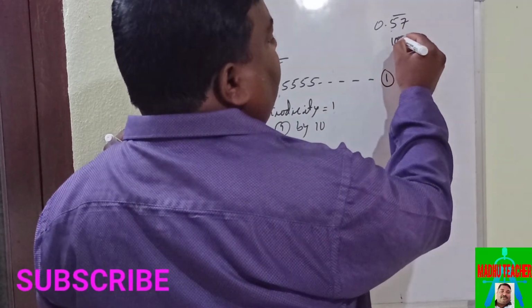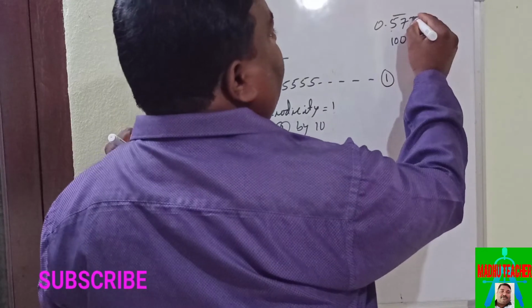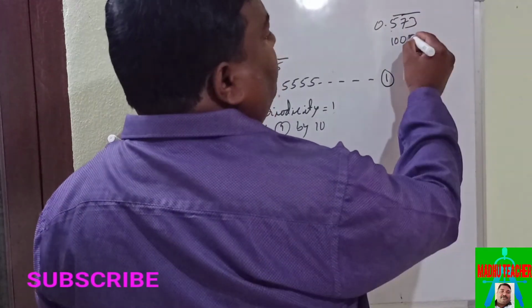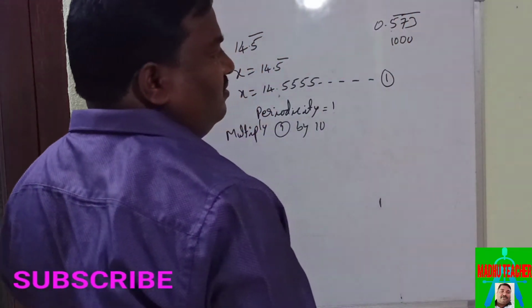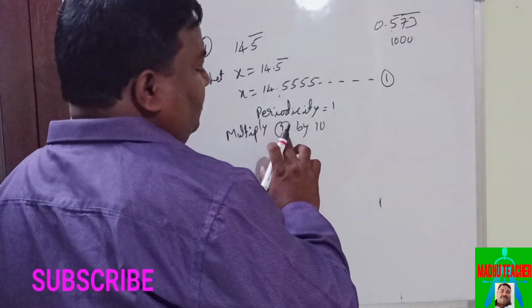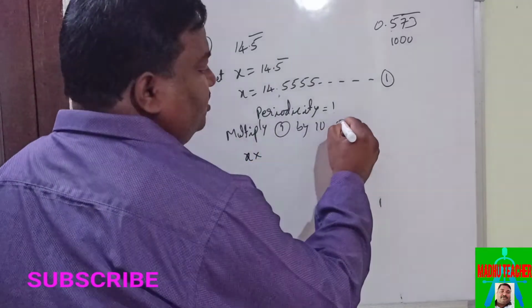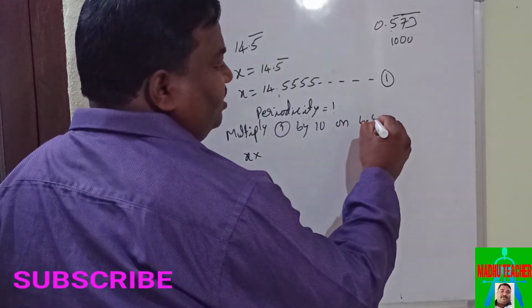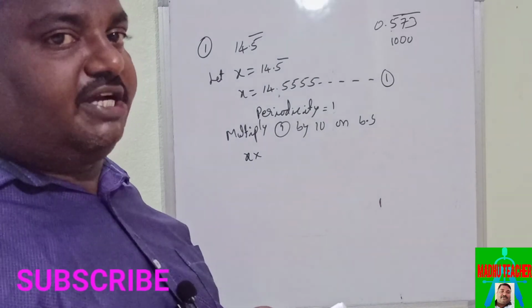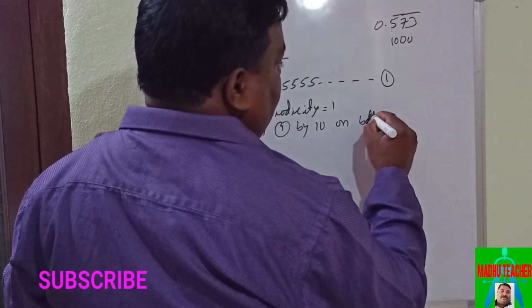You have to multiply with 2 tens, that means 10 into 10, 100. If the periodicity is 3, you have to multiply with 1000. Here we multiply by 10, so x into 10 on both sides. You have to multiply on both sides.